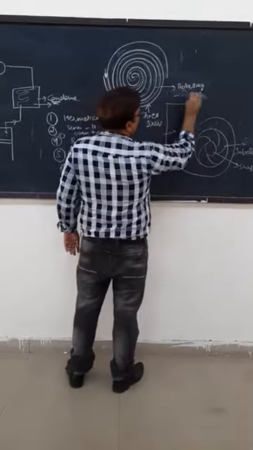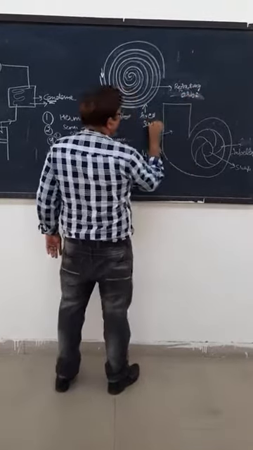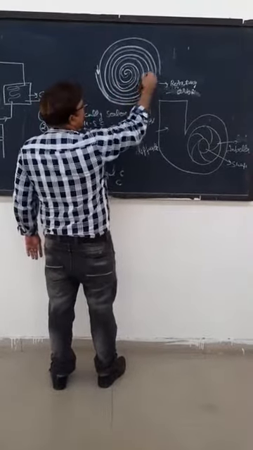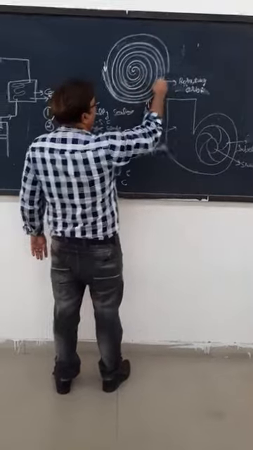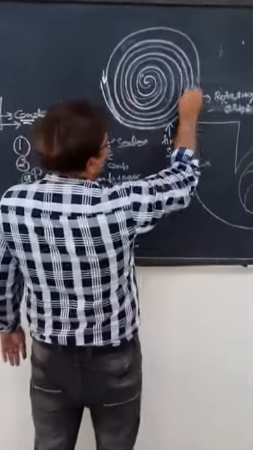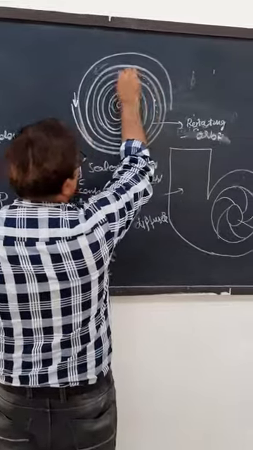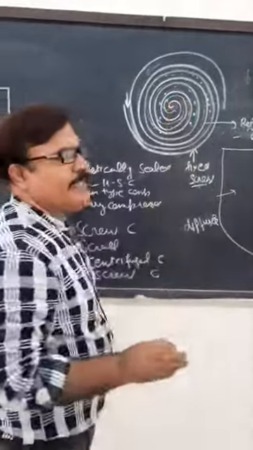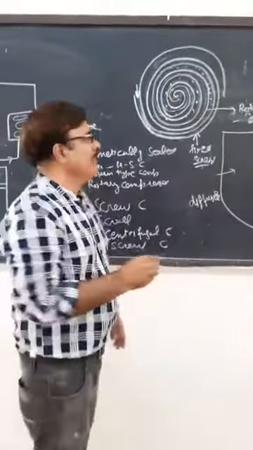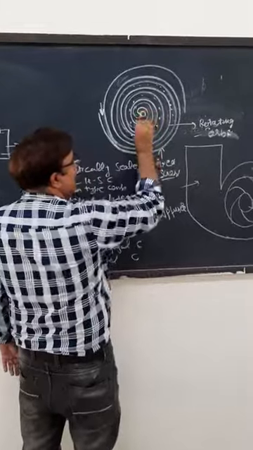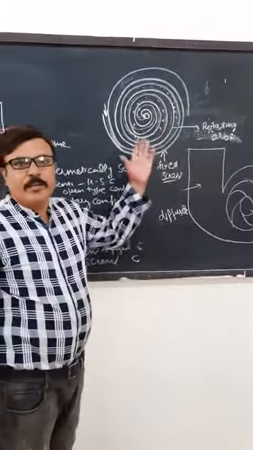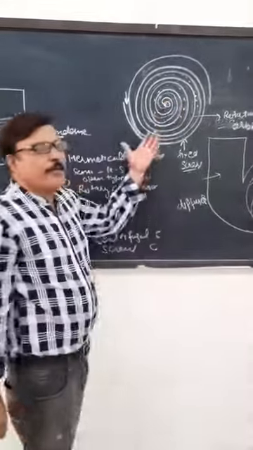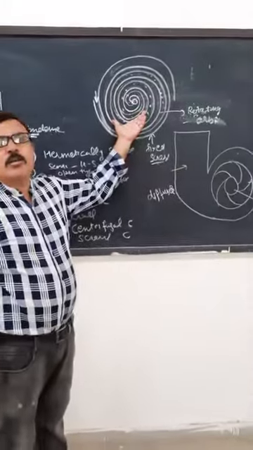This rotating orbit, when rotating inside the fixed scroll, will compress the charge which is coming inside, and it will continuously rotate in the orbit and compress the charge present in between the fixed and rotating scroll, and slowly it will move to the center, where its temperature and pressure both will increase, and this high pressure and high temperature refrigerant will be supplied to the condenser through the center of the scroll. So this type of compressor is known as the scroll type compressor.